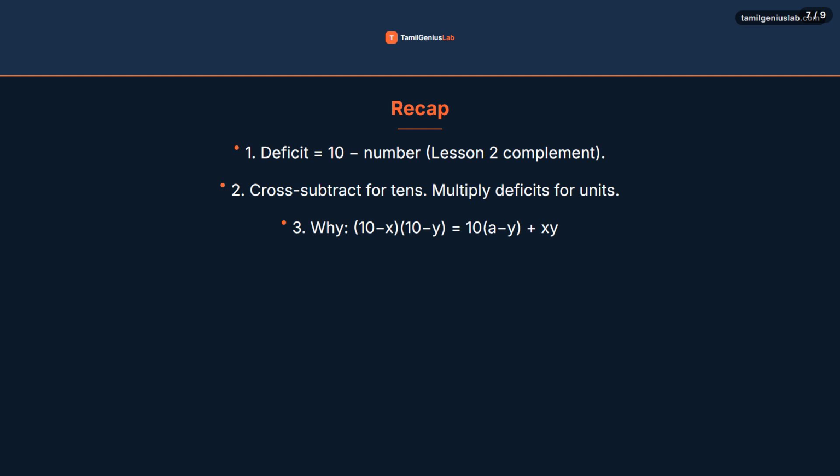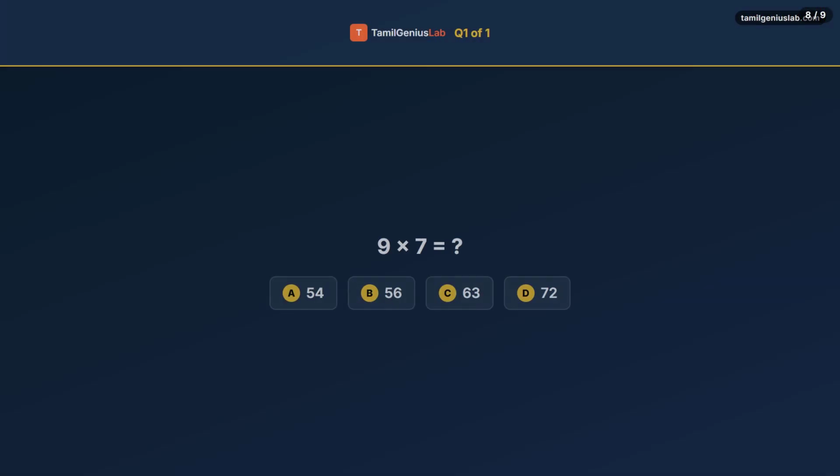Multiply both deficits. That is the units digit. 3. The reason it works. 10 minus x times 10 minus y equals 10 times the cross-subtract plus the product of deficits. Algebra, not magic.